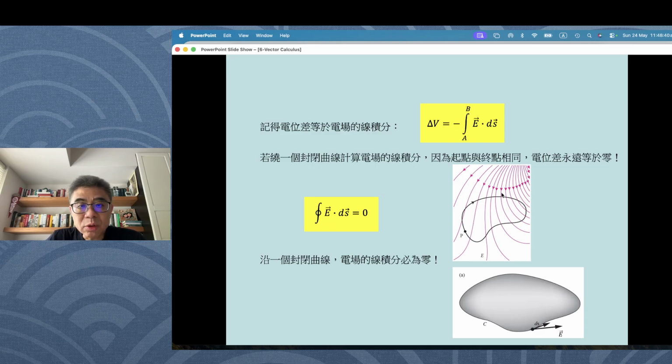When it becomes a loop, delta V is the difference of the potential between the starting point and the end point. So if the starting point and the end point are the same, then delta V must vanish, must equal 0. Therefore, the line integral of the electric field along any closed path is equal to 0.